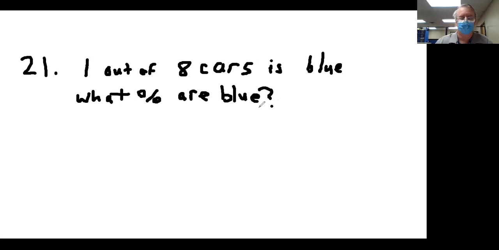Again, it's all about wording. 1 out of 8 cars are blue. So 1 out of 8. So that's 1 over 8.